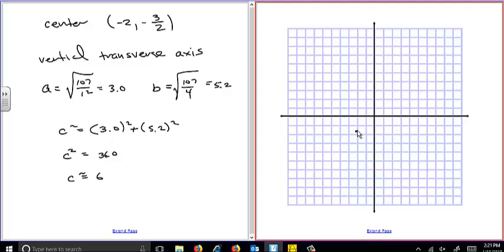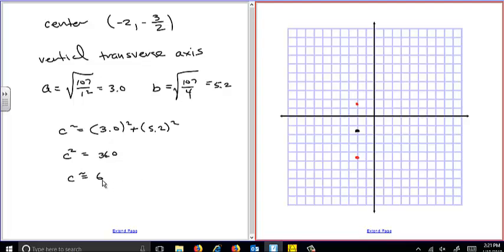So there we go. Now it's a vertical transverse axis, so we're going to go vertically to do the vertices. So you're going to go, and this is 3, so we'll round it off to 3. So you go down 3, 1, 2, 3 to about here. You go up 3, 1, 2, 3 to about there.